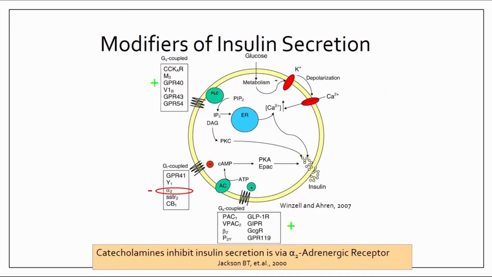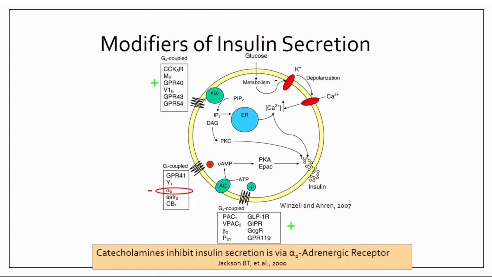I know most of you probably aren't beta cell biologists, so I just wanted to put up a quick slide to remind you that glucose enters the beta cell, that glucose is metabolized, it then increases ATP to ADP ratios. As that increases, it will close the potassium channels, depolarize the cell, allowing calcium to enter and insulin to be secreted.